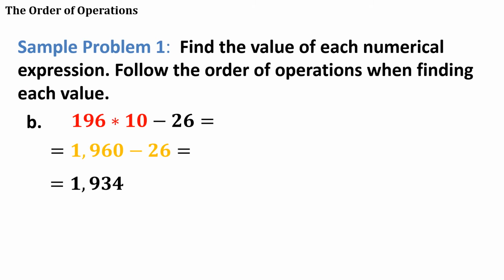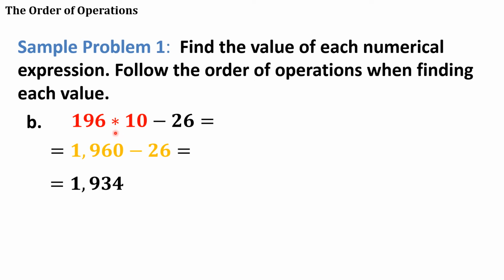Now I'm going to explain briefly what we did. The first thing that we answered was the multiplication, and yes, that is a sign of multiplication in our computers. If we use an X for multiply, then we can get confused with a variable, so I like to use this little sign. It's like the dot that we would do in our notebook. So again, this is one way that we can say that we multiply.